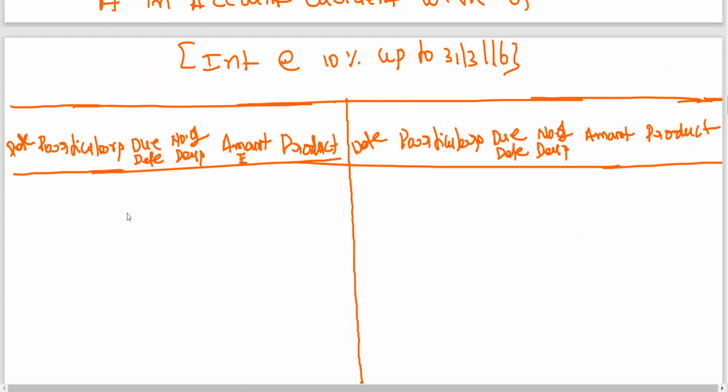Six columns you are having, you can see that. Examination, I told you to draw the lines. Okay, now come back to this.